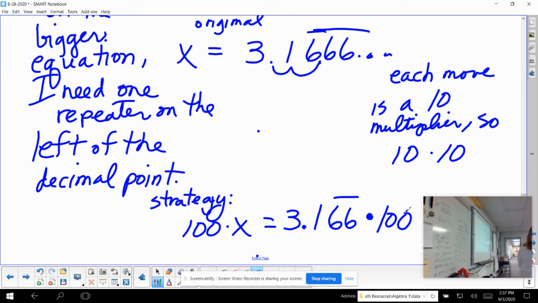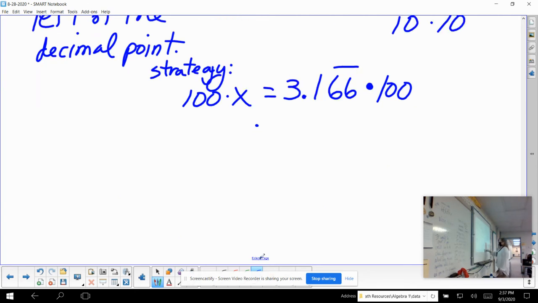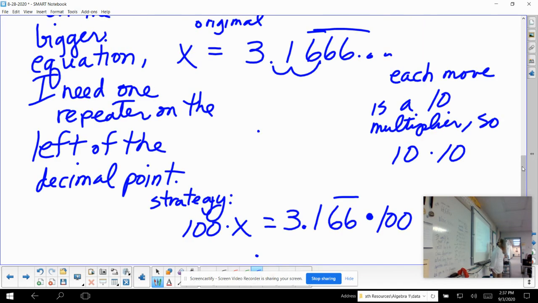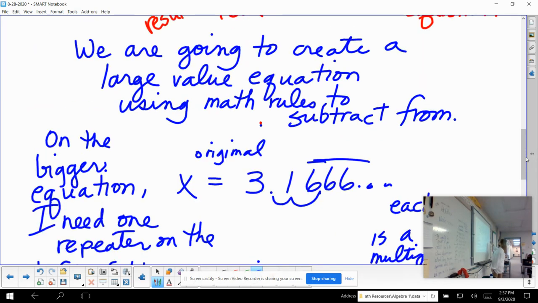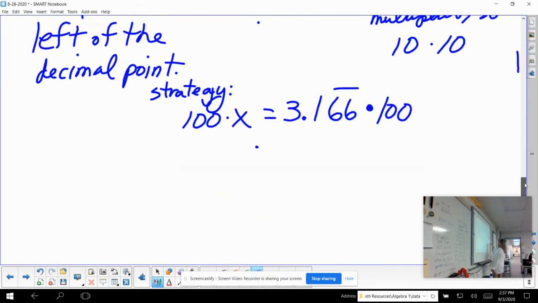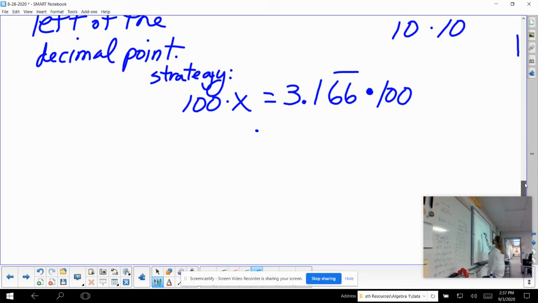So in algebra, if you do some multiplier to one side of your equation that's true, you have to do it on both sides to keep your equation true. That's what we do. We deal in truth in mathematics once we follow the rules.